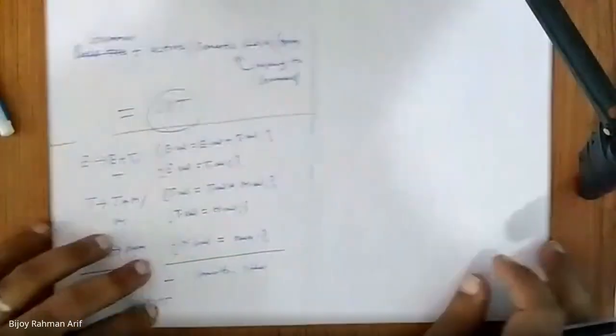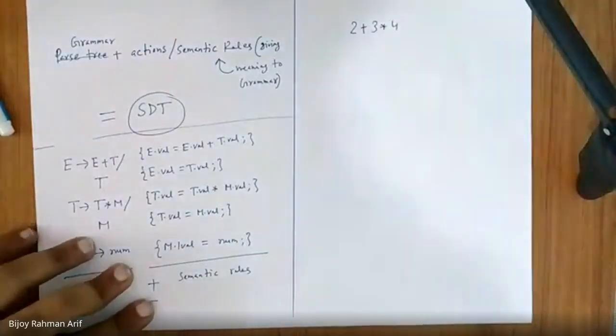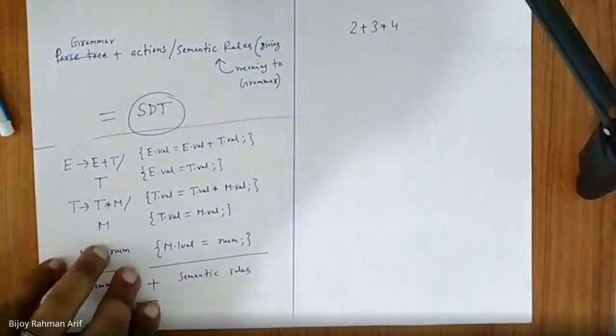And we know how to draw the parse tree. So what would be the parse tree for this?